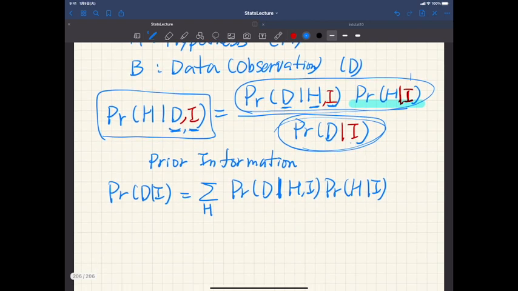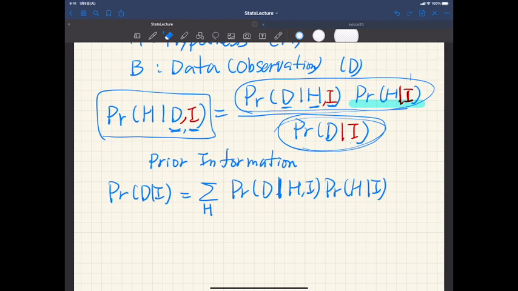Okay, in reality there can be infinitely many hypotheses, right? For example, the coin may be exactly fair, that means probability of obtaining a head is exactly 0.5, or 0.15, 0.505, 0.50001, and so on. In this case, this is a continuous random variable, so it will be an integral instead of a summation.